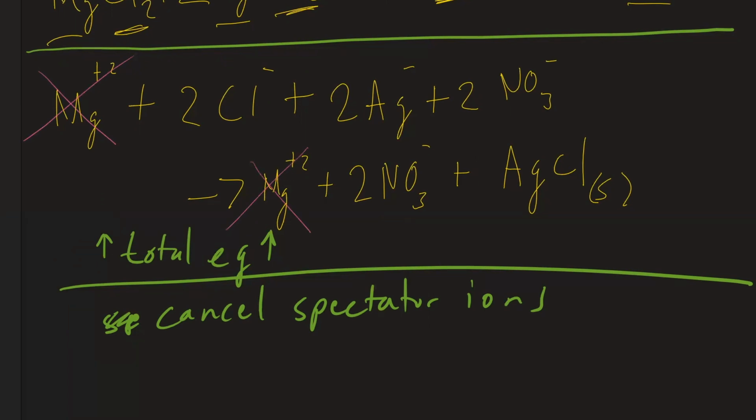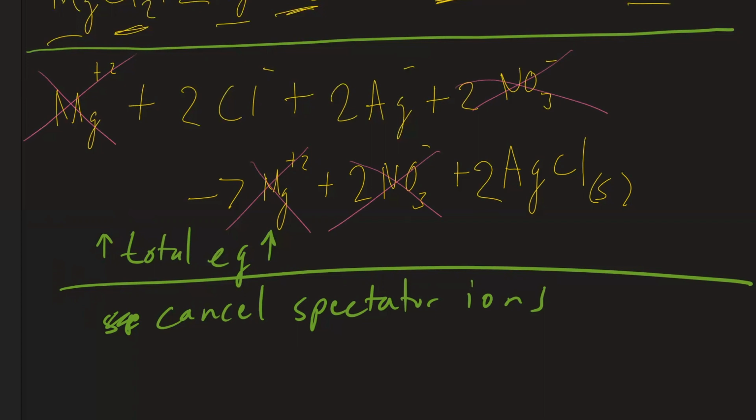NO3 was soluble on both sides, so I'm going to put a pink X through it on both sides. And then 2Cl and 2Ag stayed soluble, so I am going to keep those the same. Oh, sorry, this is supposed to be a 2. Sorry about that. Okay.